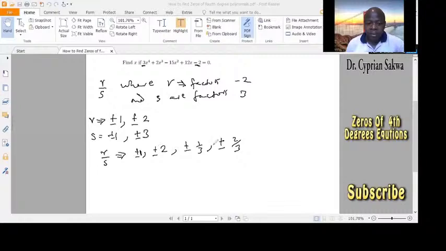So I'll try all of them. But once I find one, then I'll use long division to reduce this equation to a cubic equation. And again, factorize the cubic equation if it's factorizable. If the cubic equation can be factorized, I'll factorize it, reduce it to see which of these would be a root to this equation. So I begin with the positive or negative one.